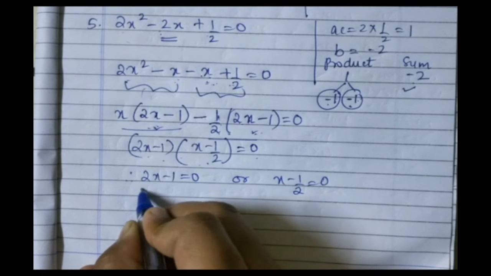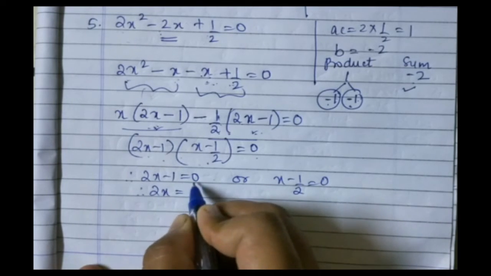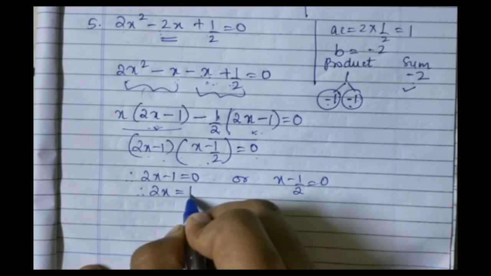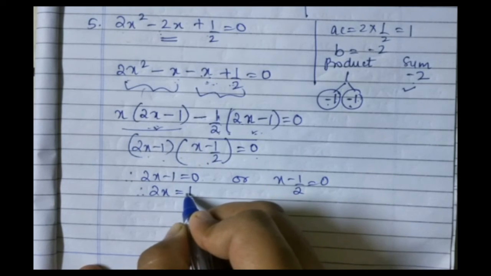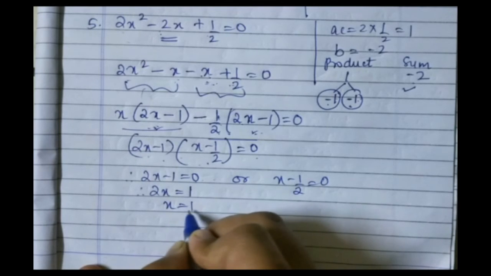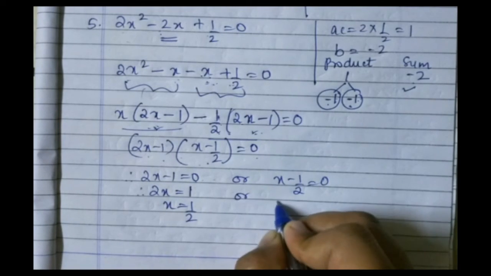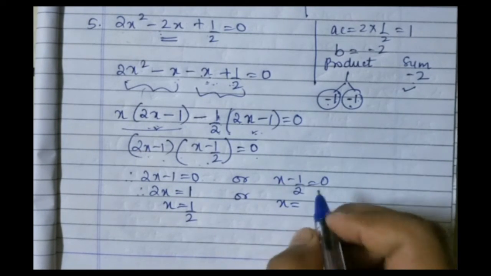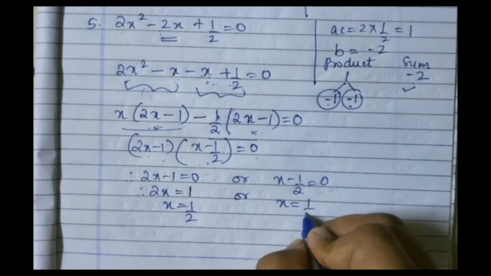So here I can just further solve and write 2x equal 0 minus 1 will go there and plus 1, and then it is equal to 1 and x is equal to half, or here x equal minus half goes there so it becomes plus half.